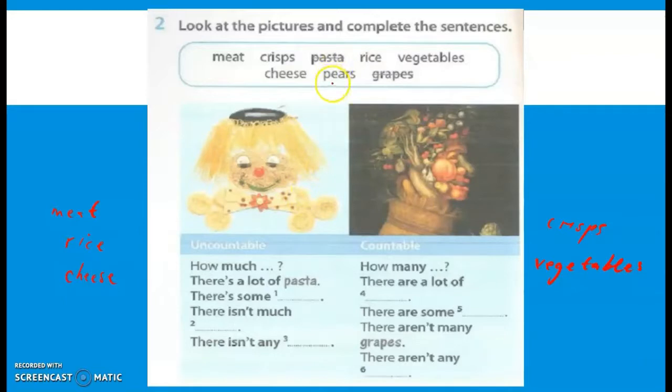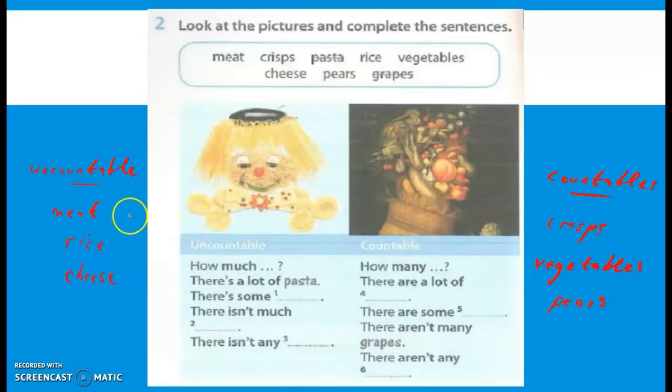Lastly, pears. Pears, we can indeed count them, so it falls under countable nouns. So now we have managed to organize between uncountable nouns and countable nouns in terms of the answer options.